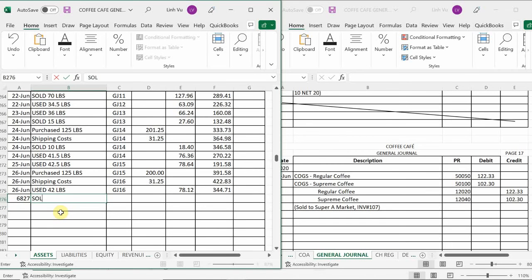We sold 55 pounds for 102.30. It'll be 447.01.